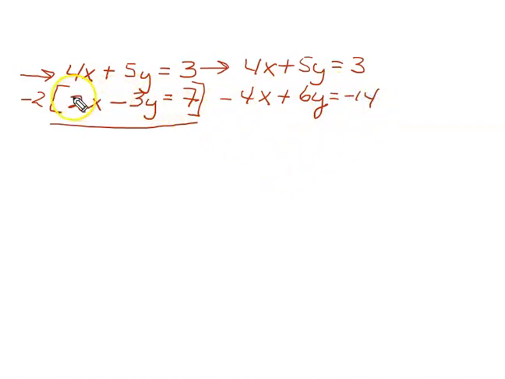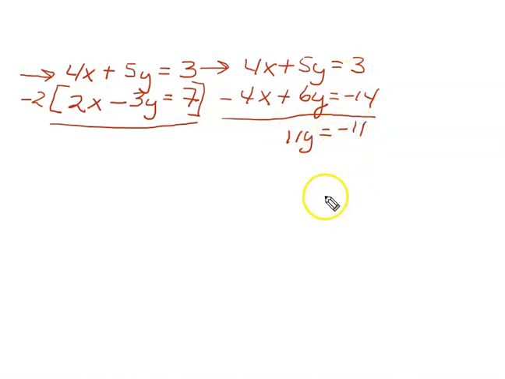Now, the equation, you might say, is not the same anymore, but it's equivalent because I multiplied every term by the same value. Now I put my line, and I'm going to add them up. So this, through addition, is 0. This is going to be 11y, and this is going to be a negative 11.